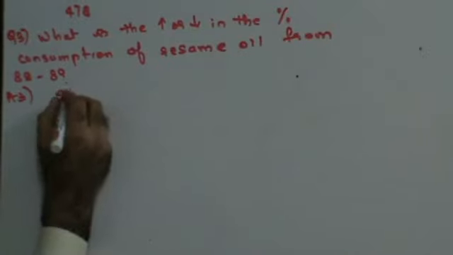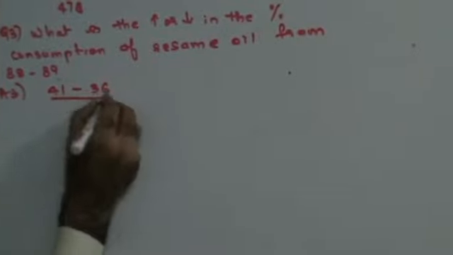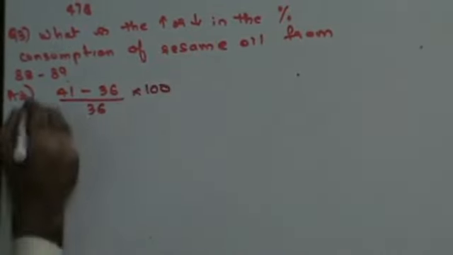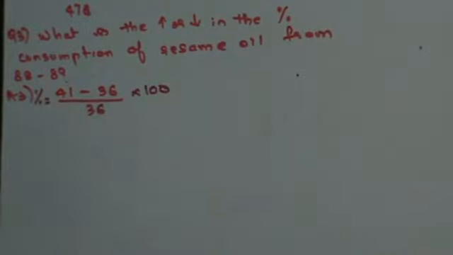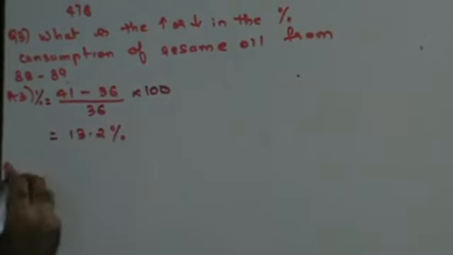It has increased. In 89 it is 41. In 88 it was 36, divided by 36 into 100. Remember, increase or decrease in percentage is always current year minus previous year upon previous year into 100. When you solve this should come to 13.2%.